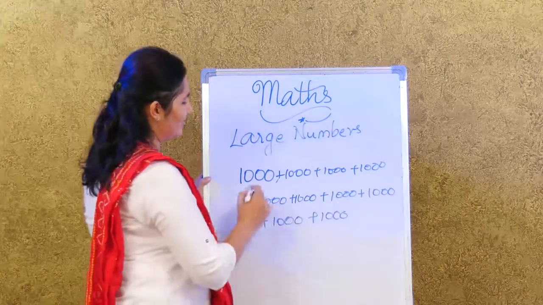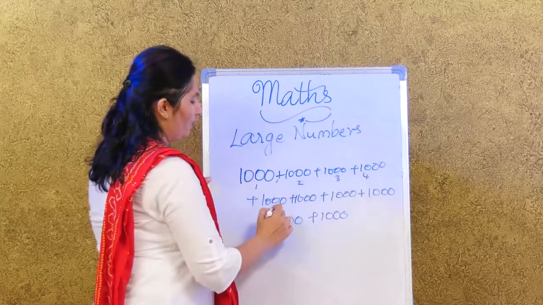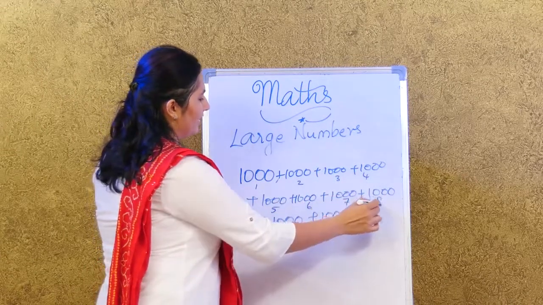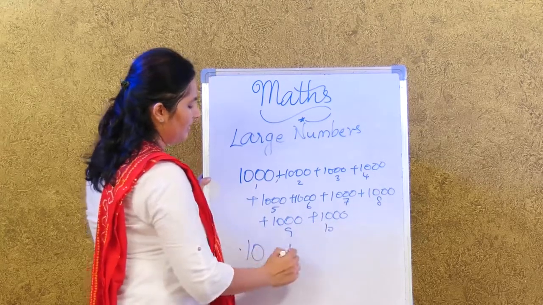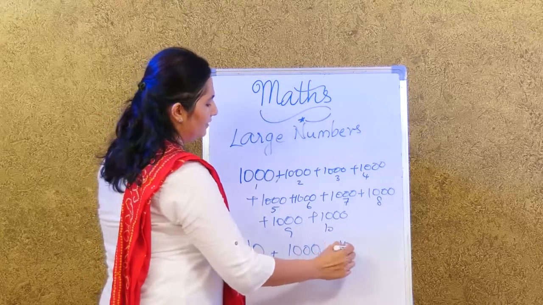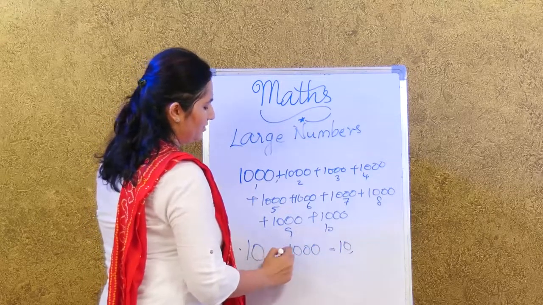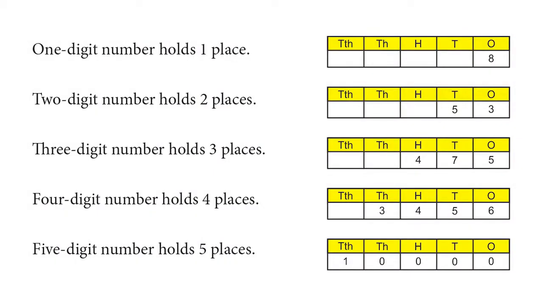Don't worry, we are done. So, there are 1, 2, 3, 4, 5, 6, 7, 8, 9, 10. So, 10 thousands, that is 10 times 1000, will give 10,000.